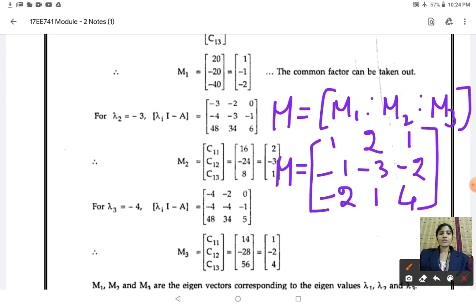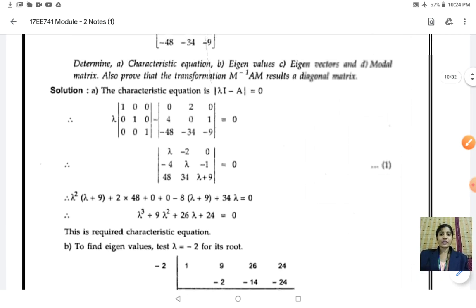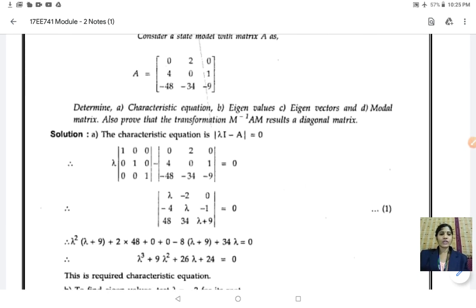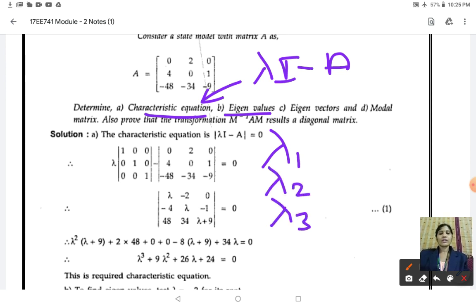Then using this model matrix, in the given problem, they ask you to identify the characteristics equation. For this particular problem, the characteristics equation you have identified by using lambda I minus A. Then eigenvalues also you have obtained: lambda 1, lambda 2, lambda 3, that is minus 2, minus 3, minus 4.